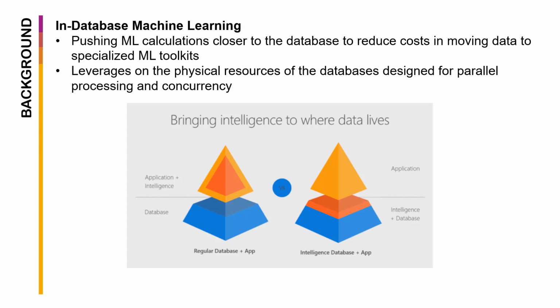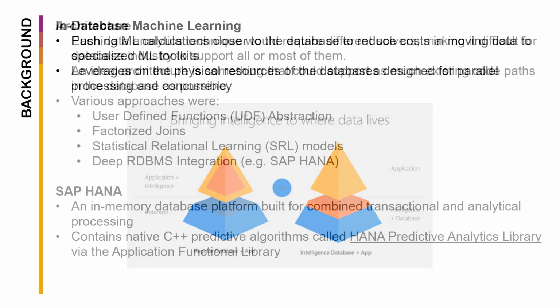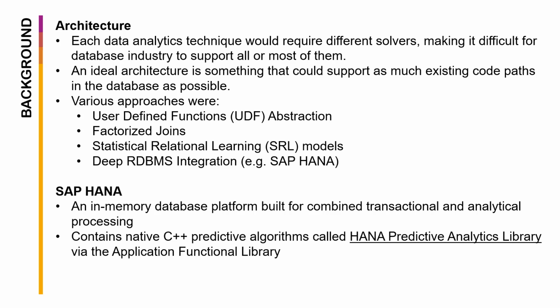In this sense, we are leveraging the physical resources of the databases, which are mostly designed for parallel processing and concurrency. In terms of the architecture, this has been a challenge for researchers, since most analytics and machine learning techniques require different types of solvers.